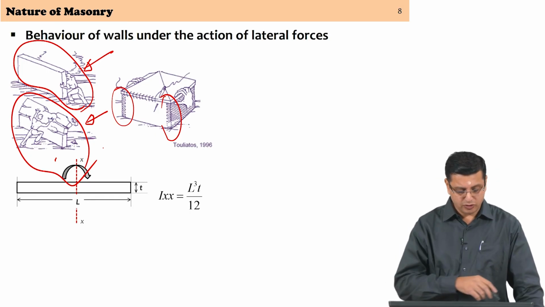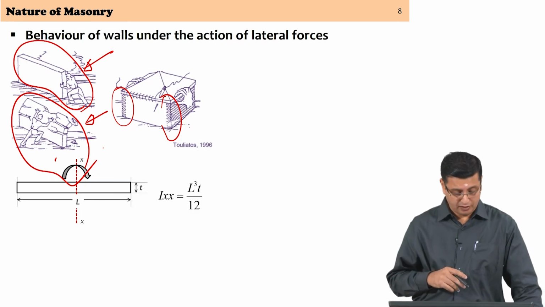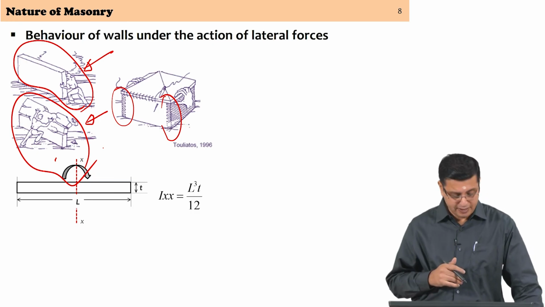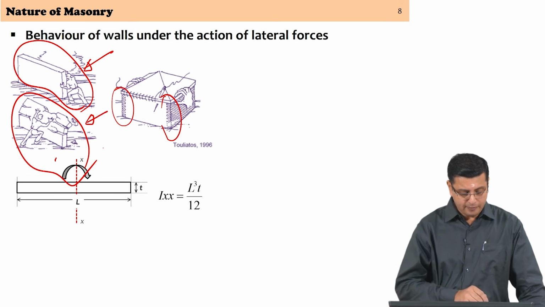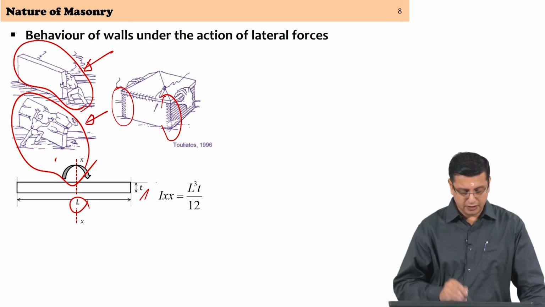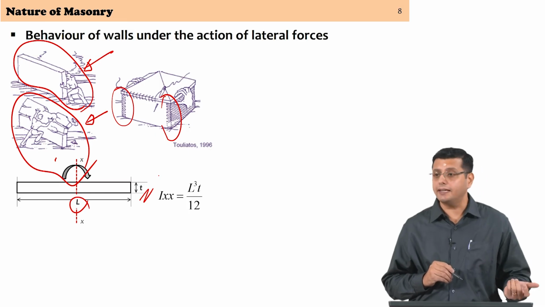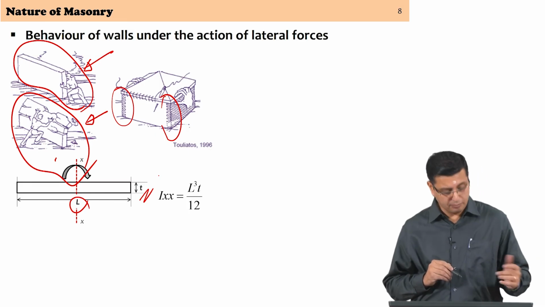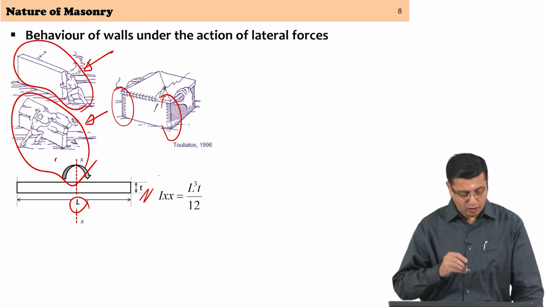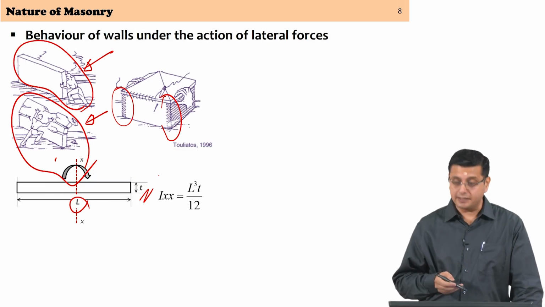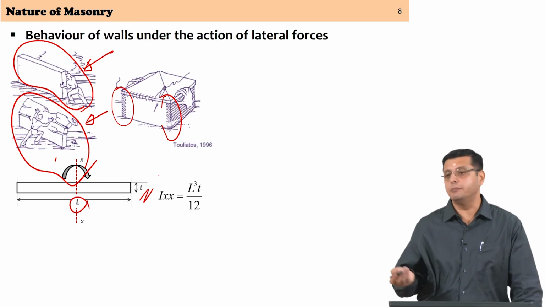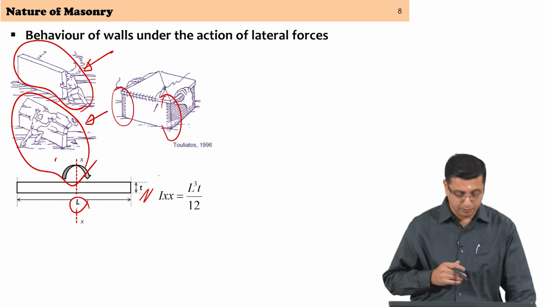So if I were to take the wall, we will put some numbers there, but the length of the wall is L, the thickness of the wall is T, and we are looking at the major axis bending of this wall about xx, Ixx, the second moment of area would work out to be L cube T by 12, rectangular cross section, simple.